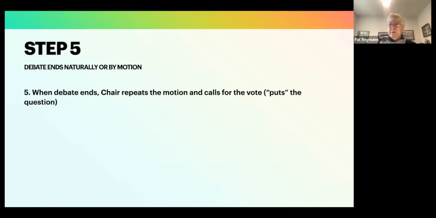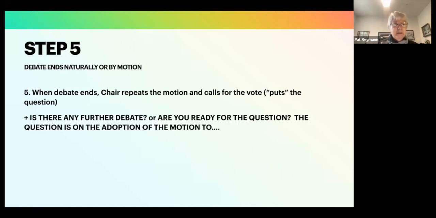That's also phrased as puts the question to a vote. So the chair says, is there any further debate? Or are you ready for the question, whichever one the chair likes to use? And then here it is. The question is on the adoption of the motion to have the picnic on June 5th or 19th, whichever one you ended up deciding on.